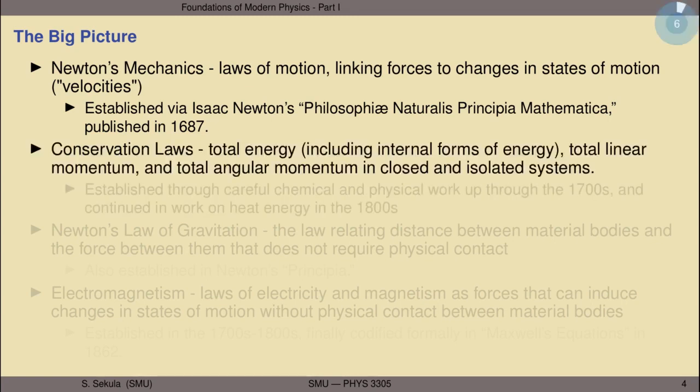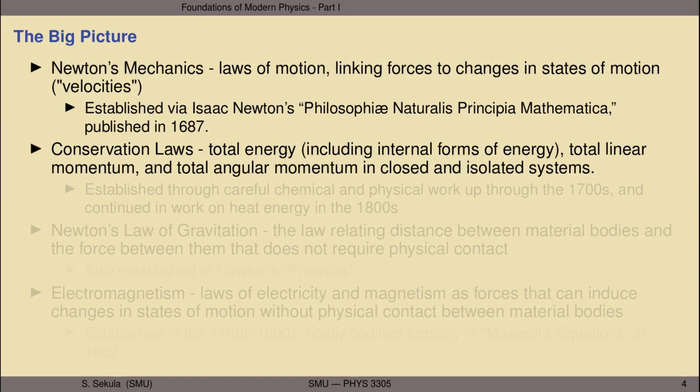What would also be developed over the following centuries were a series of what we now call conservation laws. These are principles that establish that certain quantities appear to be conserved, that is, left unchanged, even by complex phenomena in nature.